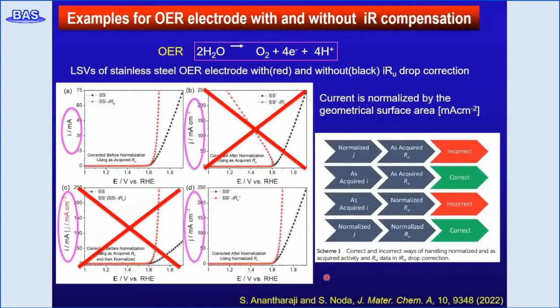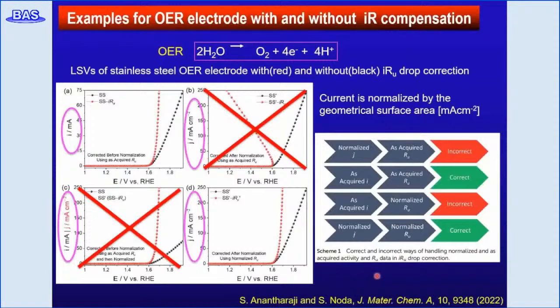If IR drop correction is done using as-acquired current and as-acquired Ru value, the correction can be done without any errors. Therefore, we should know whether the current and compensated resistance Ru are normalized by the geometrical area of the electrode.